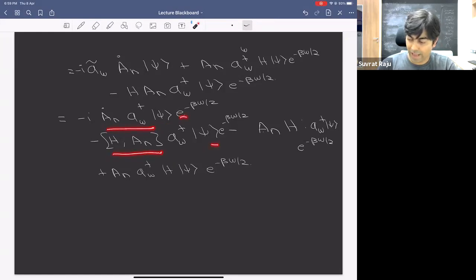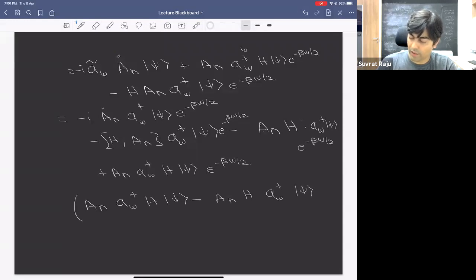So this and this cancel, and we are left with only this term and this term. So the only two terms that we have left are an a omega dagger h psi minus an h a omega dagger psi, and the whole thing is multiplied with an e to the minus beta omega by 2.